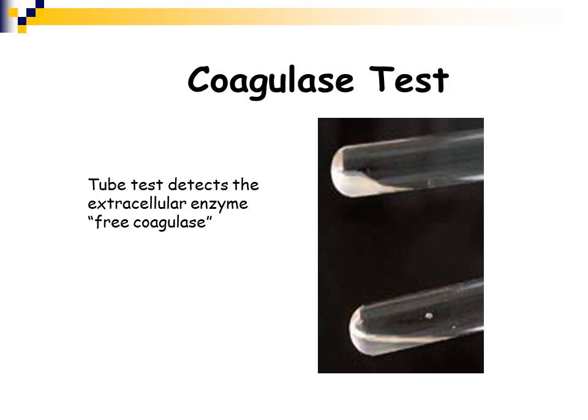So in the tube test, which is testing free coagulase, the top reaction is positive. You get a nice little clump of your plasma, and in the bottom tube test, it's still a liquid in the tube, so that's a negative coagulase test.